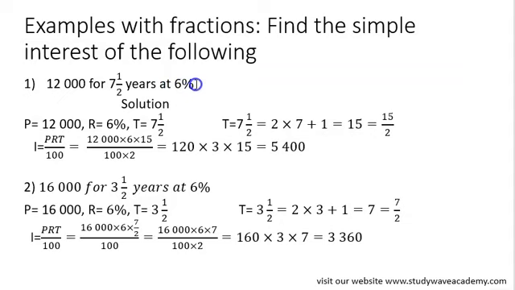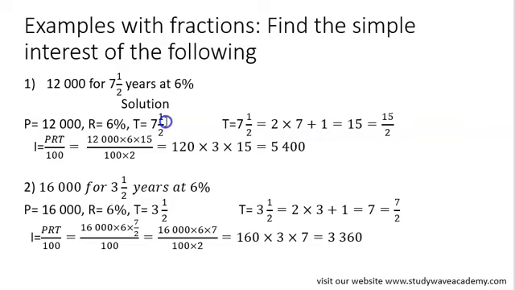First off, we are going to write our formula and what it represents. This is our formula, I equals PRT over 100. This is the formula we are going to be using. So P stands for 12,000, R stands for 6%, and T stands for 7.5 years.